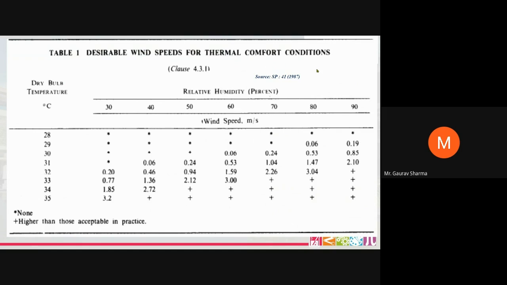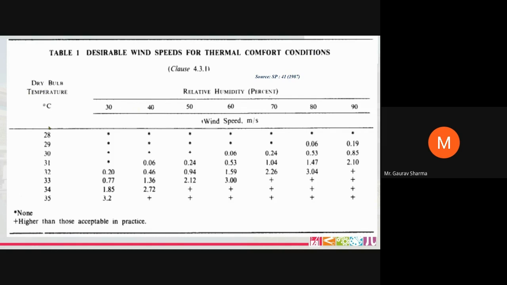These are the standards published by the Bureau of Indian Standards. ठीक है, तो इंडिया के अंदर हम इसको फॉलो करते हैं, और यहाँ पे किसी तरह का कोई कर्व हमको नहीं मिलता है. यहाँ पे सब कुछ चीज जो है वो एक टेबल के अंदर एक्सप्लेन की हुई है. See the desirable wind speed for thermal comfort condition, कि विंड की स्पीड क्या होनी चाहिए जब आपको थर्मल कंफर्ट अचीव करना है. अभी यही चीज तो हमने उसमें देखा था, चार्ट के अंदर देखा था, बट यहाँ पे टेबल के अंदर है. ओके, नाउ हाउ टू रीड दिस टेबल.